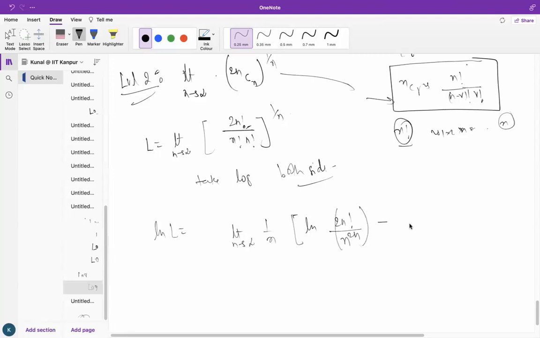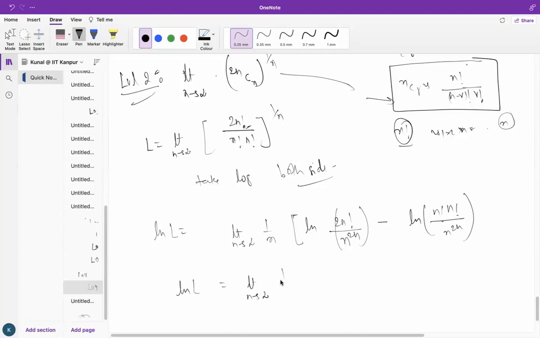And minus ln of n factorial by n to the power n, right? देखो यहाँ तक तो मैंने बस कर दिया, and then I'm just following the steps. So it will be like ln of L is equal to limit n tending to infinity.